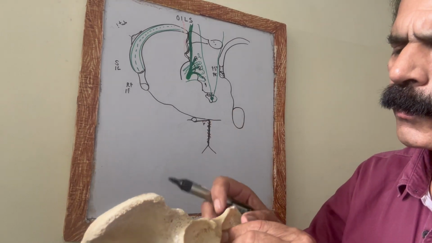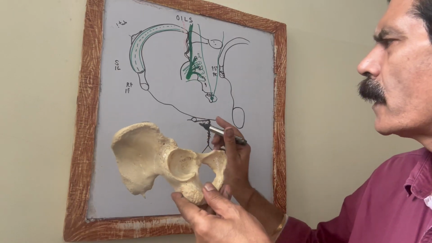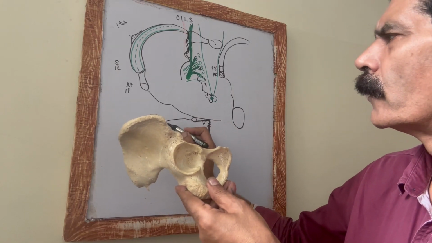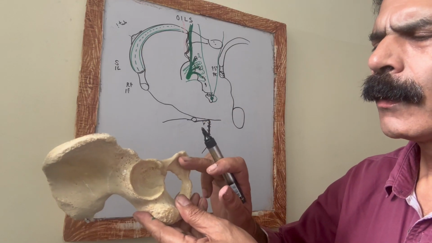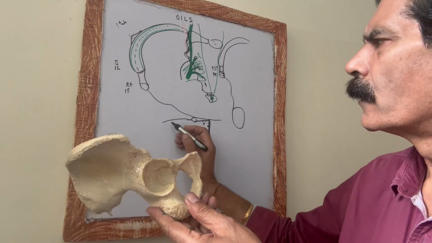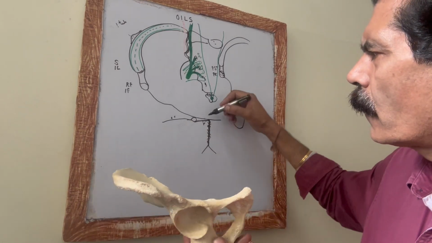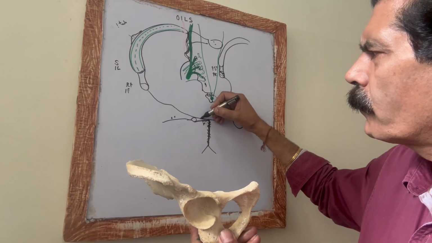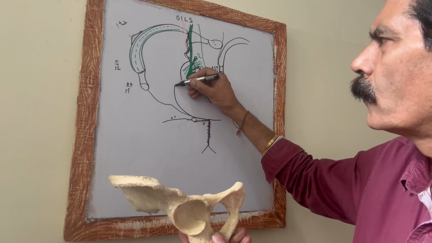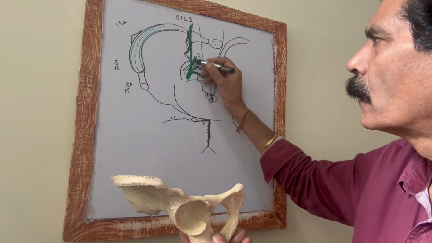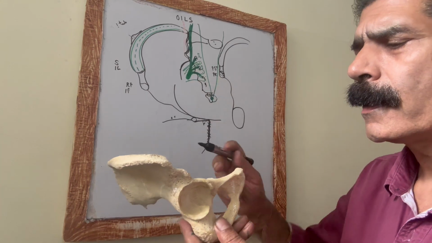Now from the pubic tubercle, a sharp edge goes towards the acetabulum. This is called the obturator crest. And internally from the pubic symphysis, an arc line goes inferiorly, and this arc line is called the arcuate line.